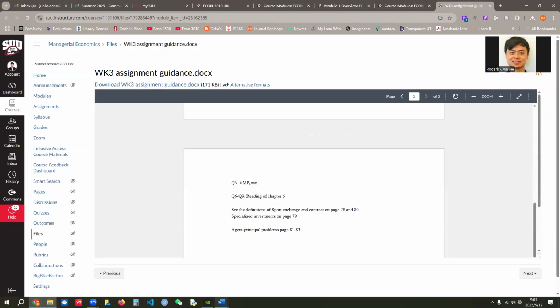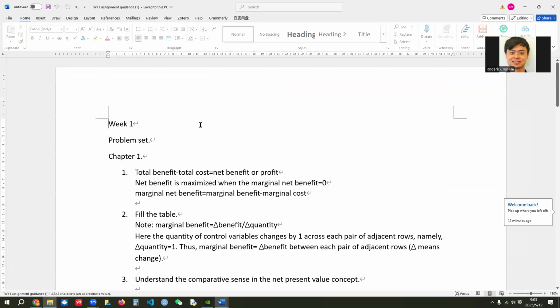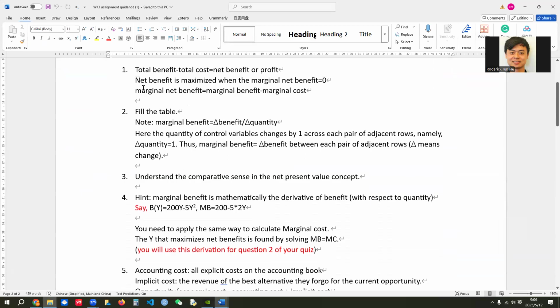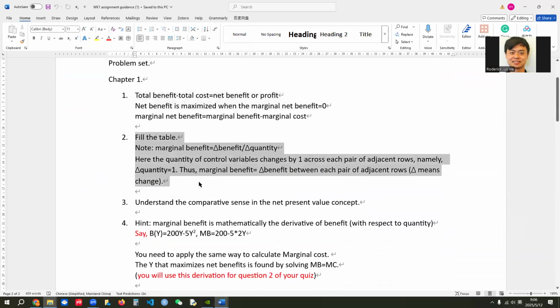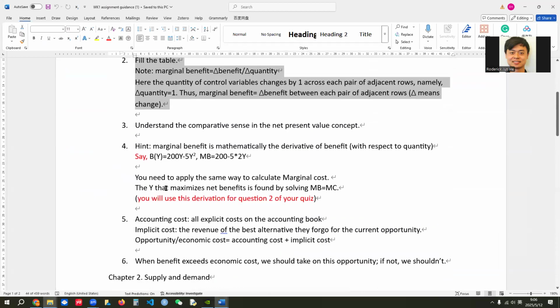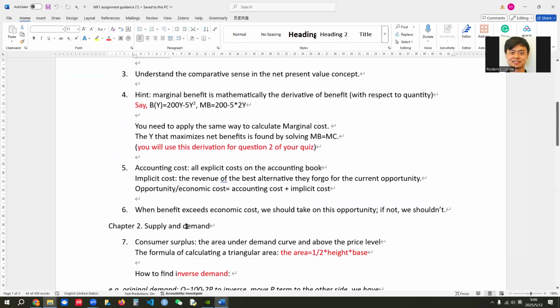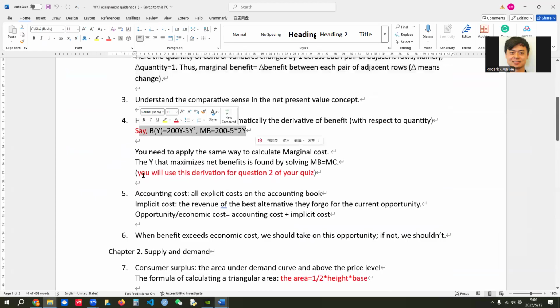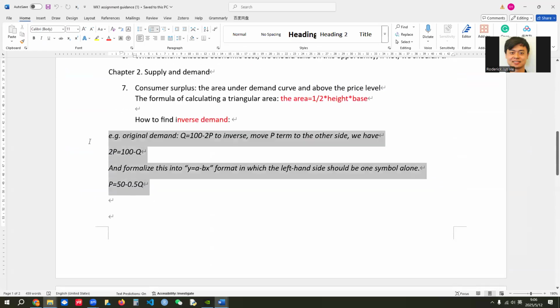I have created a Word document in which I have a more detailed summary of the knowledge points and hints, key clues, right? And key problems and key solutions summarized there.